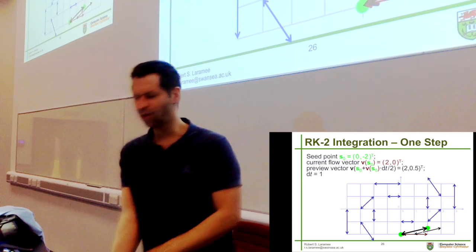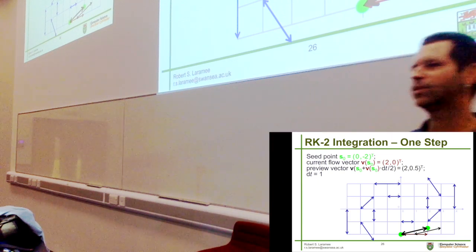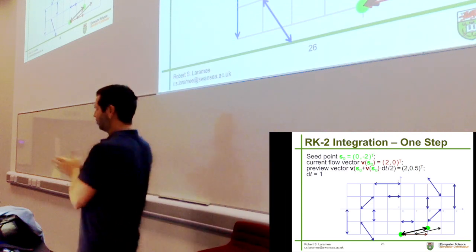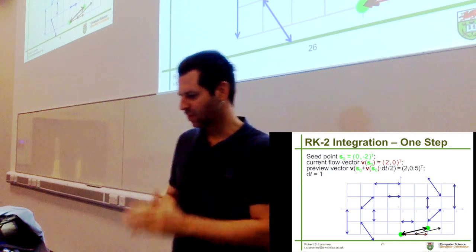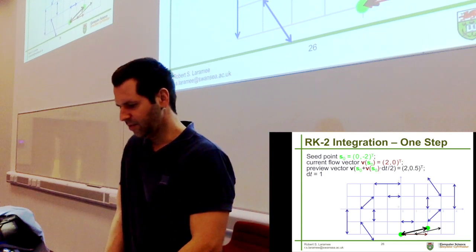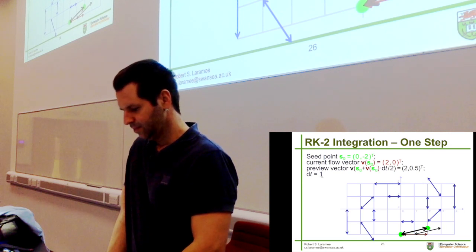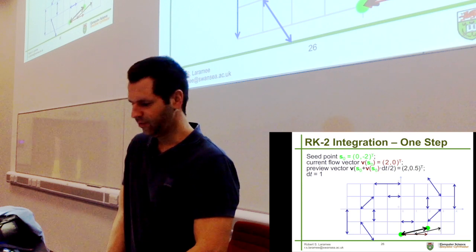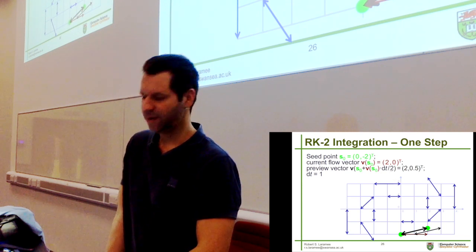We combine those 2 together, or we average the 2 of them, and use that to determine the next point along the streamline. In this case, dt is even bigger. dt is 1. So we add this vector, the Euler vector plus the preview vector together, divide by 2. That's what that 2 is there.